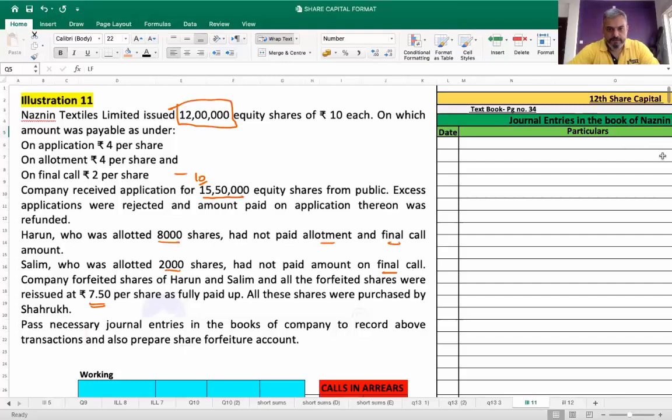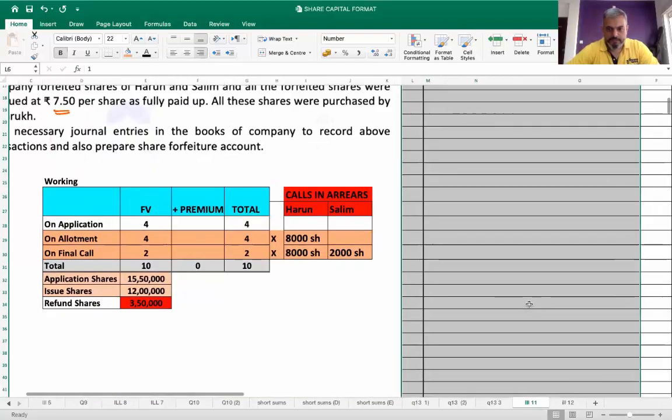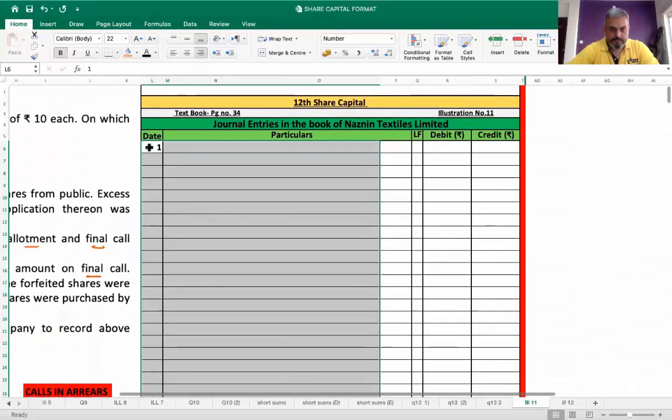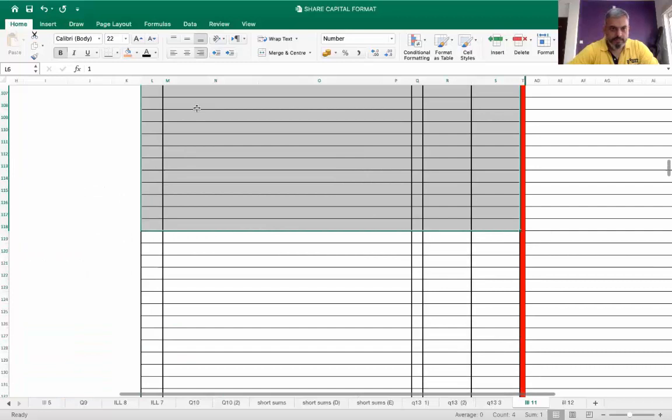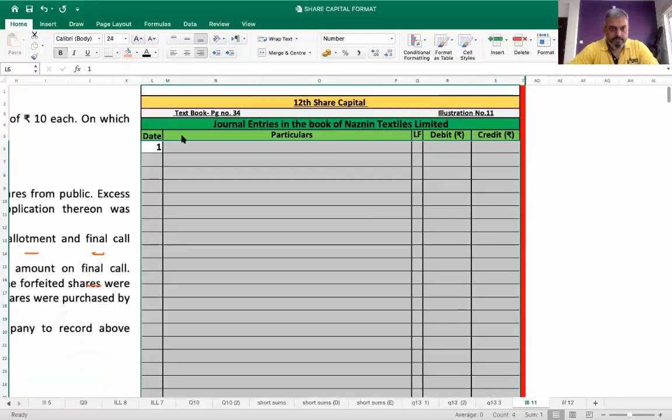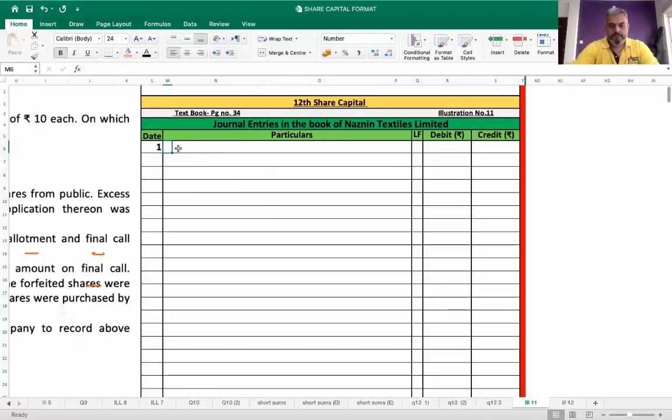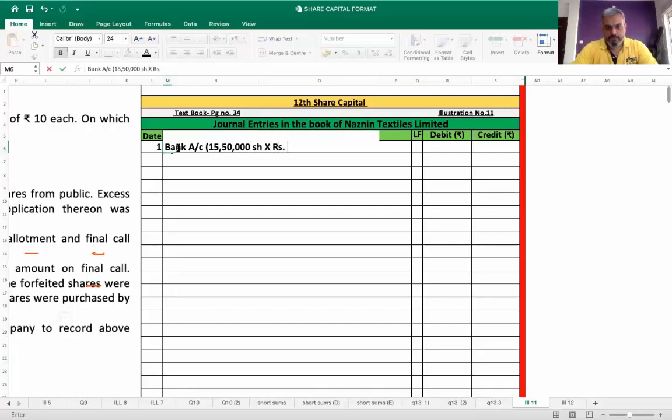Okay, first bank account debit: 15,50,000 shares into rupees 4 per share.